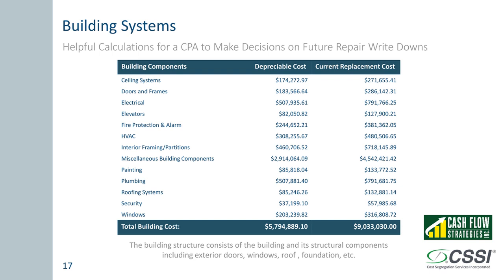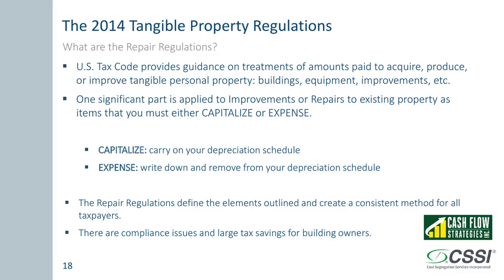The only way to do that is to know the building system cost. And a lot of the companies that do cost segregation studies either do not do the building system calculations or they charge extra for it. We don't think that that's right, and we include it with every study.